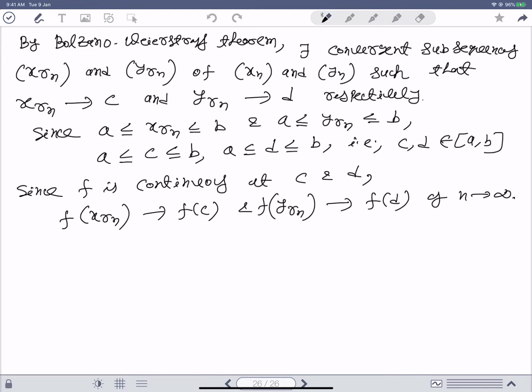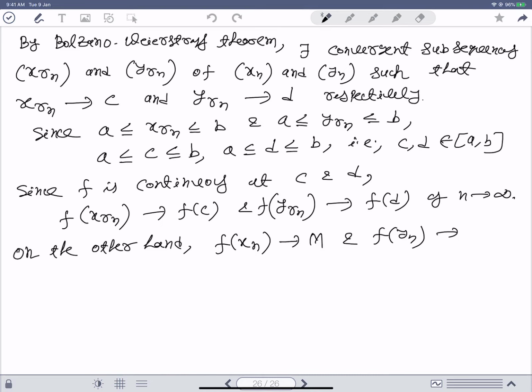On the other hand, note that f of xn converges to capital M and f of yn converges to small m, right? And xrn and yrn were the subsequences of xn and yn, right?